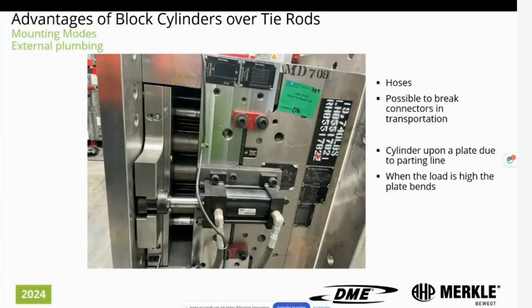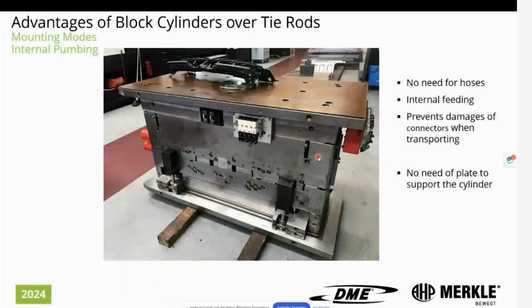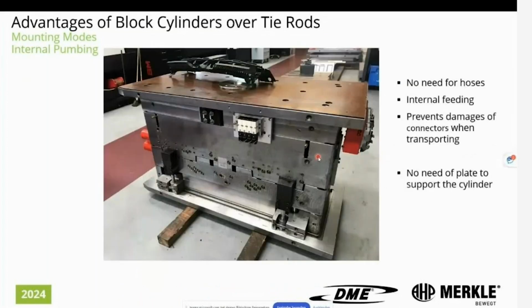And the tie rod mainly, or the only way to feed tie rods is with external plumbing. So our proposal with our block cylinders is a very neat, in my opinion, construction of the tool. So we don't have any kind of external plumbing.